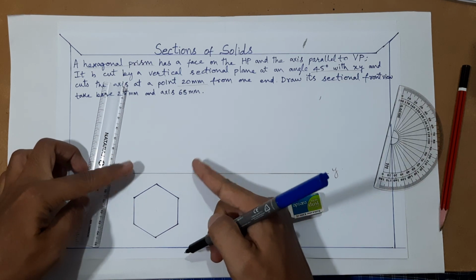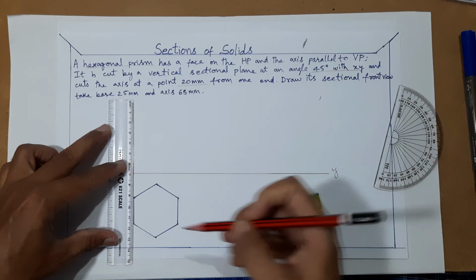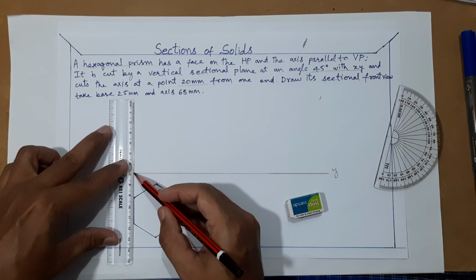Now transfer all the points for the front view with this thin line, I'll use pencil for lighter lines.